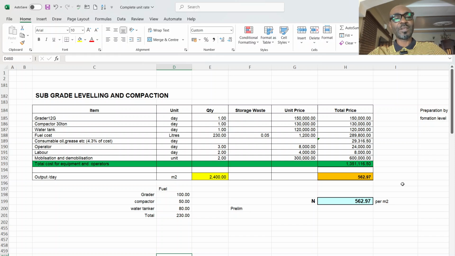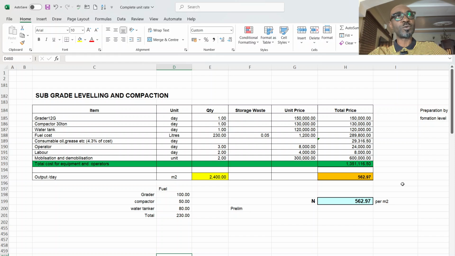In this episode, we are going to be discussing how to calculate the cost per square meter of leveling and compacting of the subgrade in road construction.